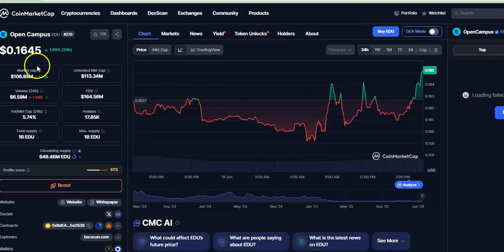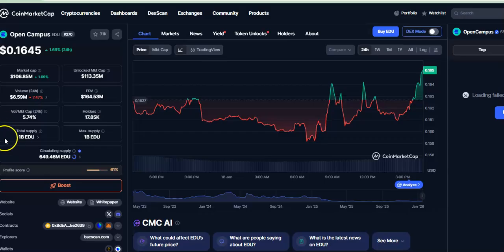So you can see the current price is $0.1645. It is up by 1.69%. Rank is around 270. Around 31k users are following this cryptocurrency. Market cap is $106.85 million, and the volume in 24 hours is $6.59 million. It is down by 7%.